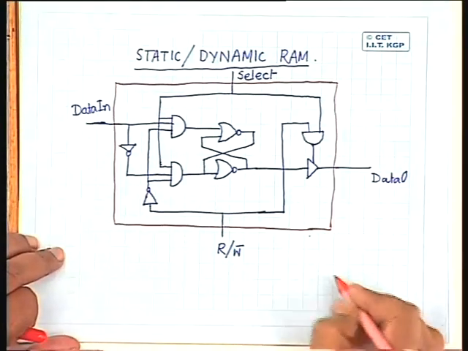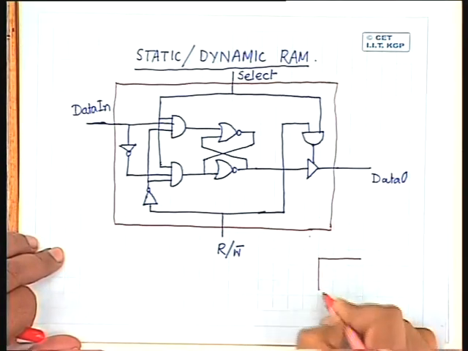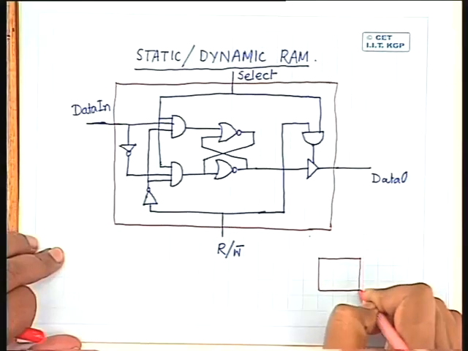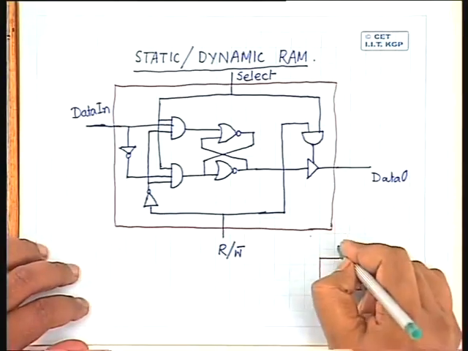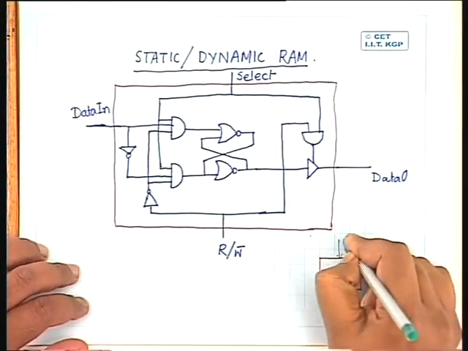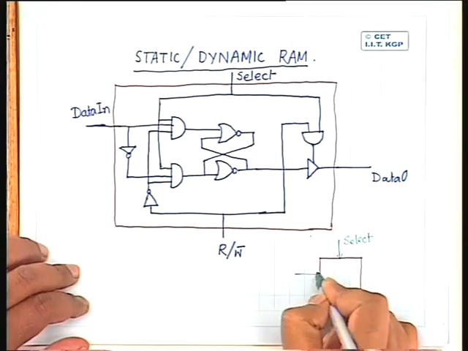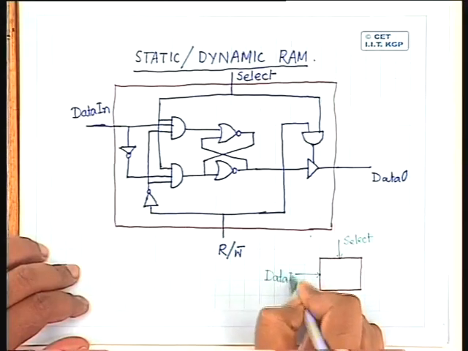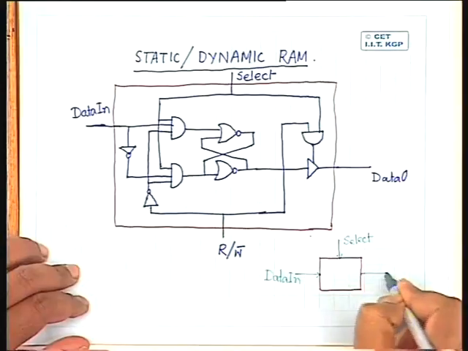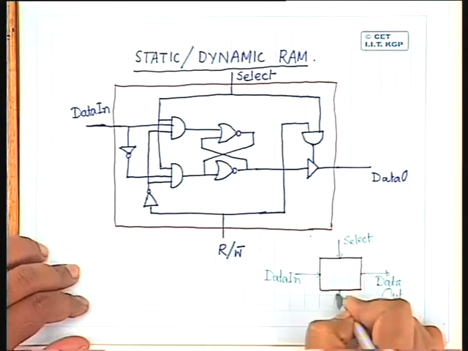In other words, I can represent a static RAM cell just by a box like this, okay, which will have a select input, a data in line, a data out line, and a read-write bar input.